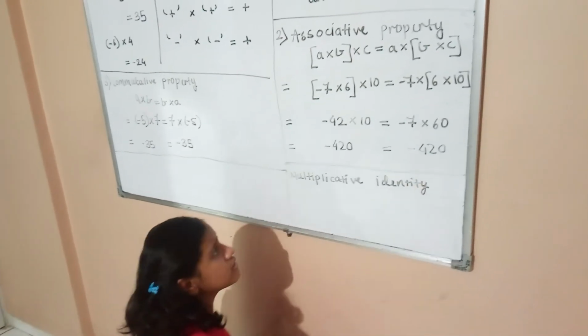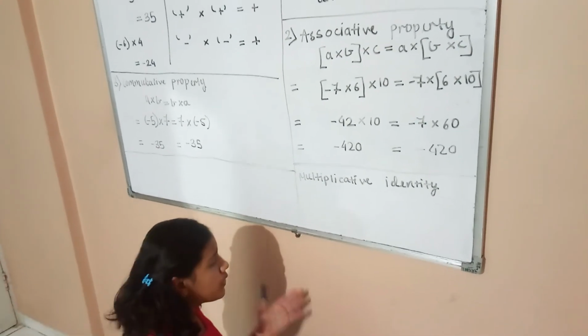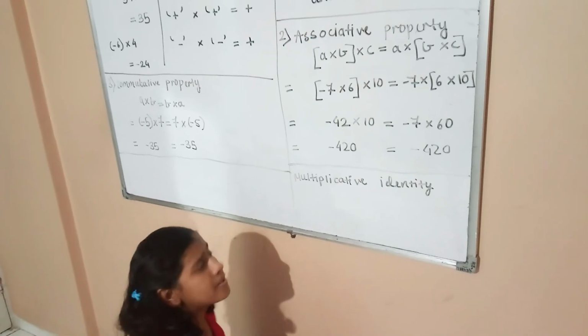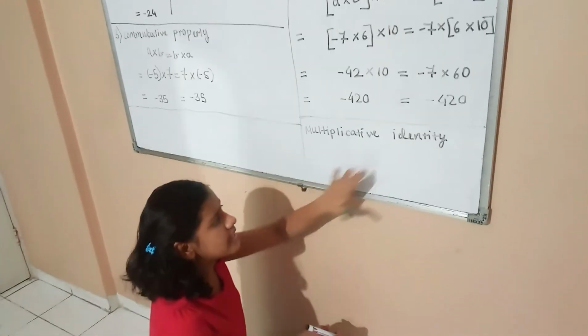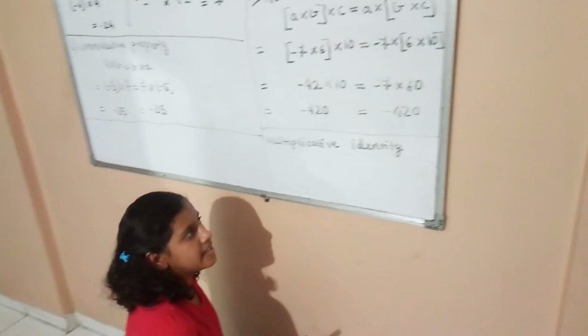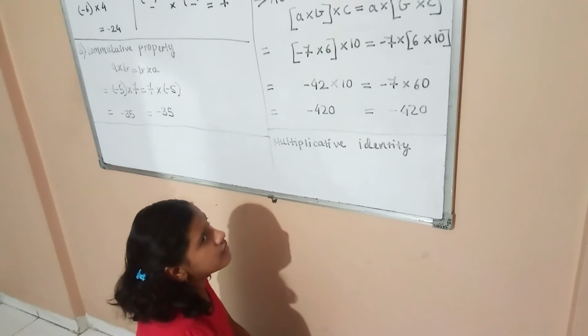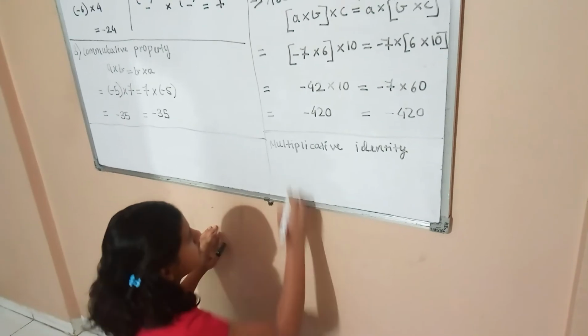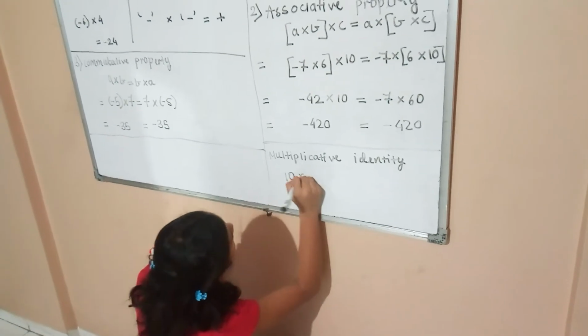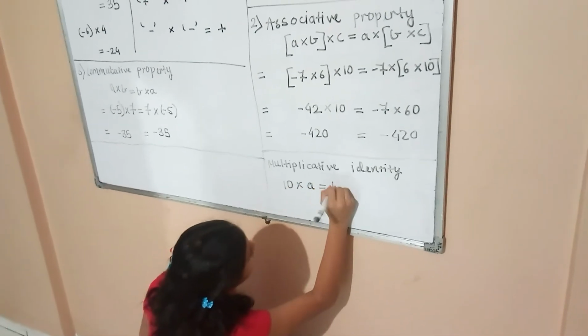So remember what we used to do in additive identity? We used to add the number with such an integer that we will get the number again. So in multiplicative identity, we will multiply the number with such an integer that we will get the number again in the product. So let's say 10 into A is equal to 10.